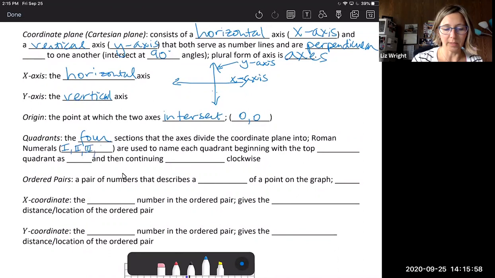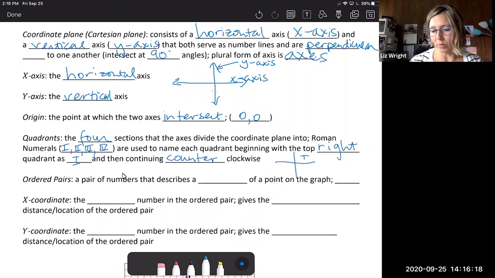They're used to name each quadrant. You begin with the top right, and that's going to be quadrant 1, and then you continue counterclockwise. So again, it's going to be 1, 2, 3, and 4 for those 4 quadrants.